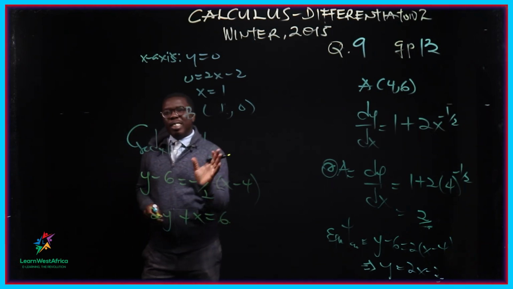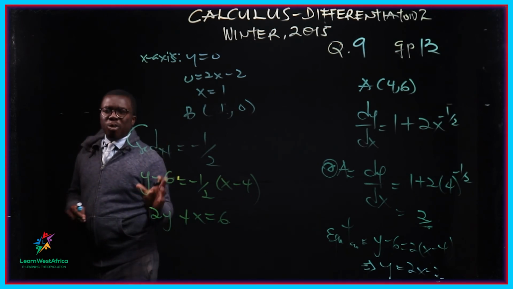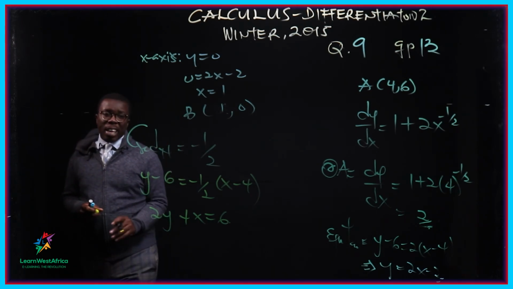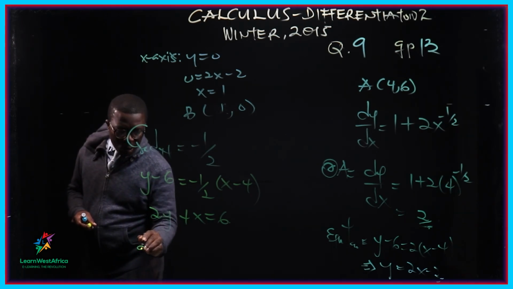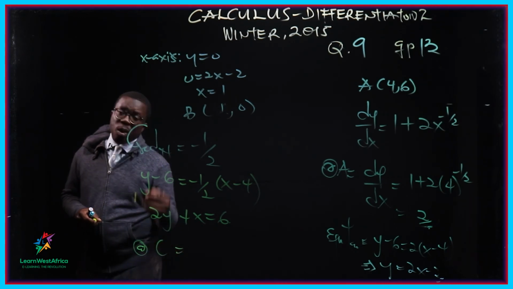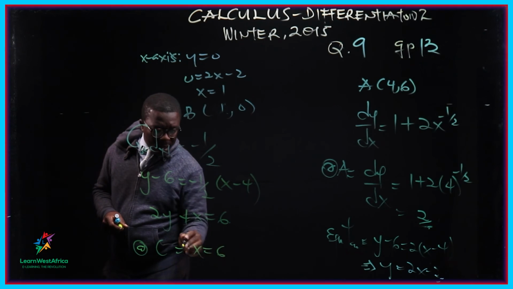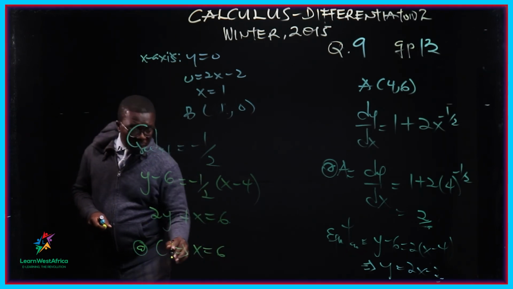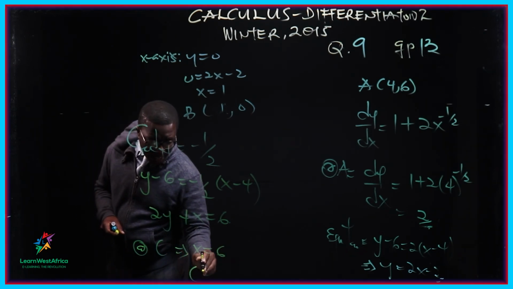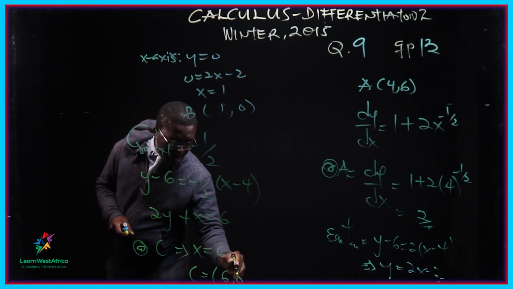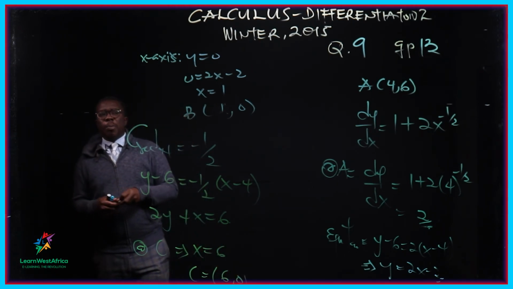And this equation of the normal also cuts the x-axis. So at C, which is on the x-axis, y is also equal to 0. So we're going to have x equal to 6. So the coordinates of C are 6 and 0, guys. Any problem?